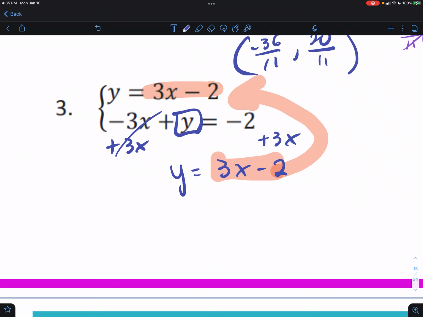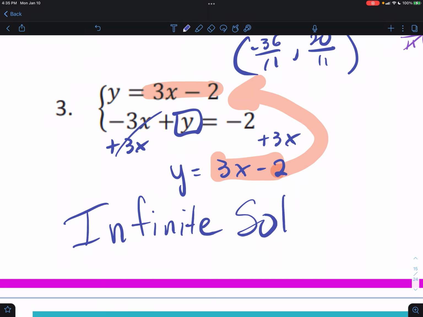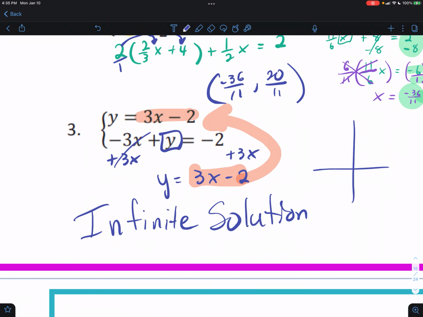So since these are the same equation, this one would have infinite solutions. Because we got the exact same thing. If we were to graph these, it would just look like one line.